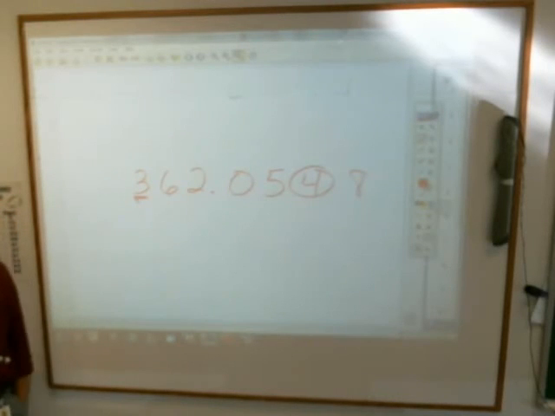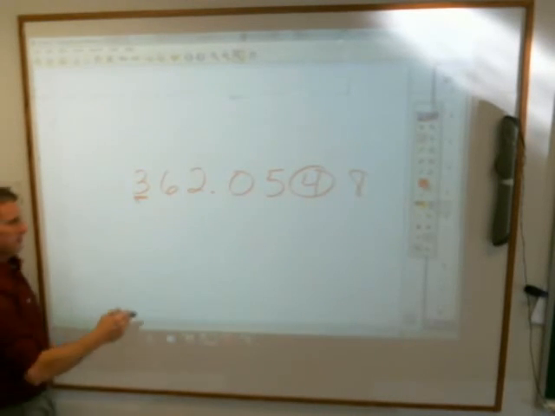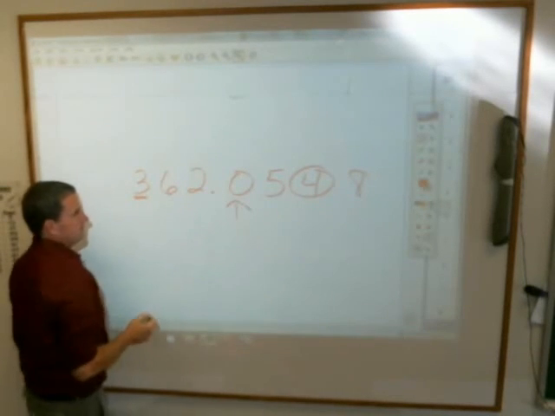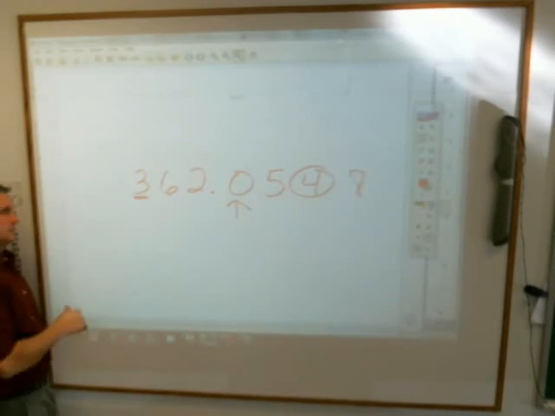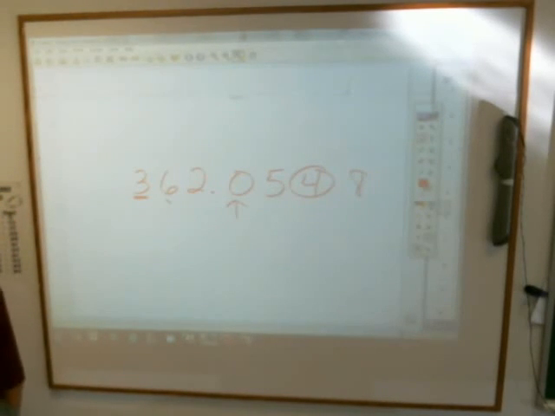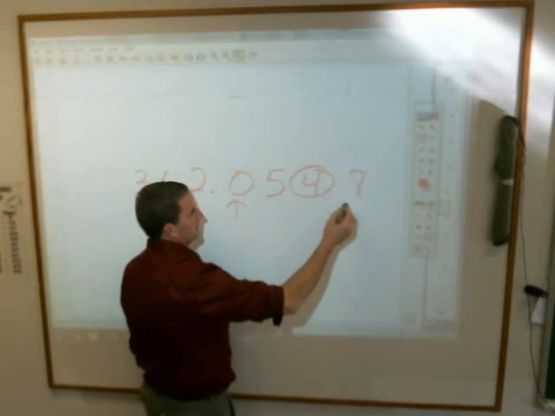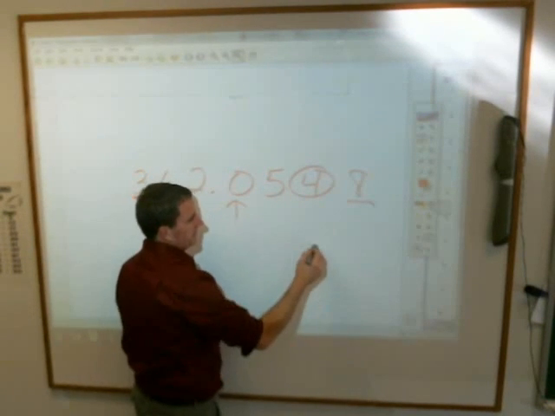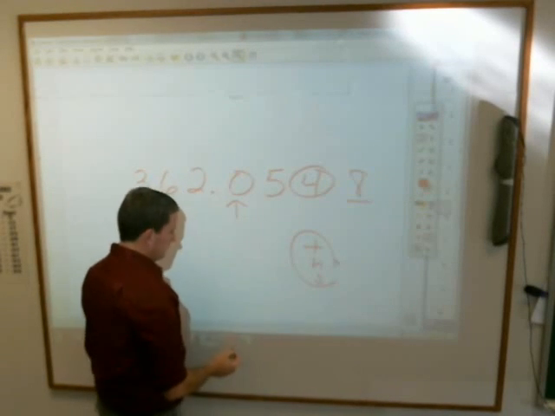What digit's in the tenths place, Wade? 0. In the tens place, Cartwright? 6. In the 10,000ths place, William? 8. The 8. Yeah, 10,000ths. That TH is incredibly important.